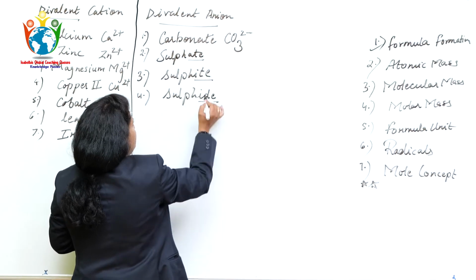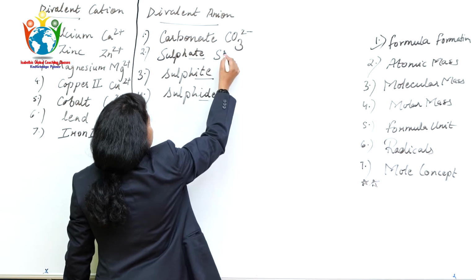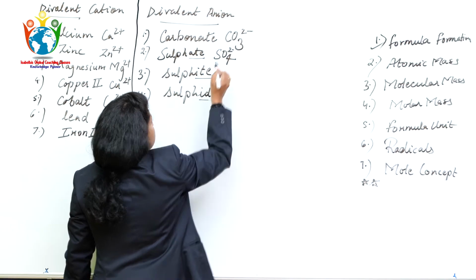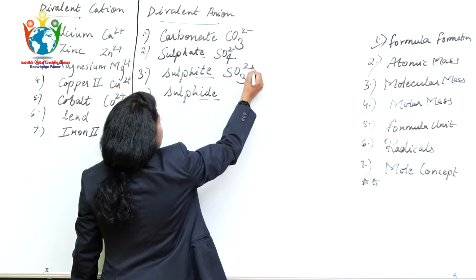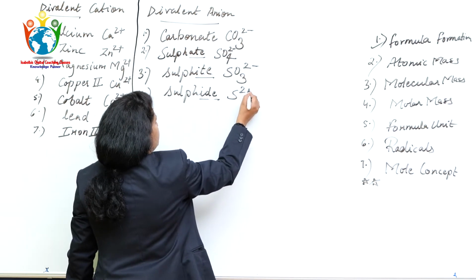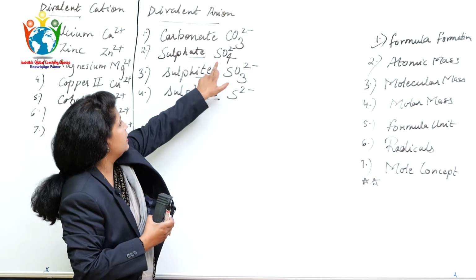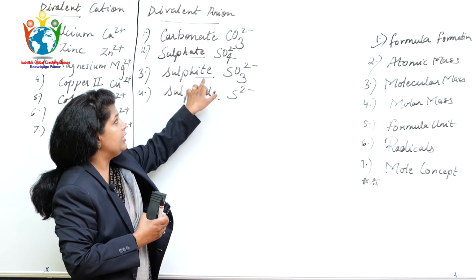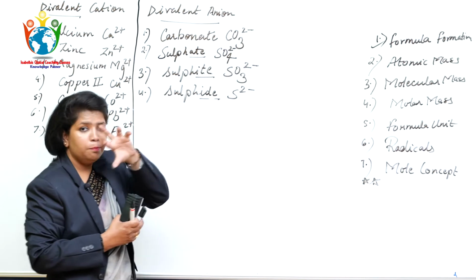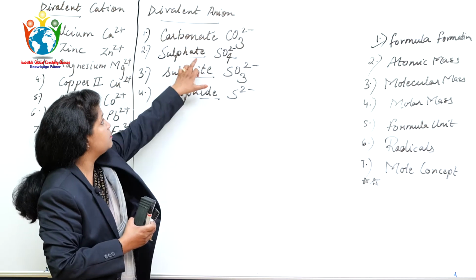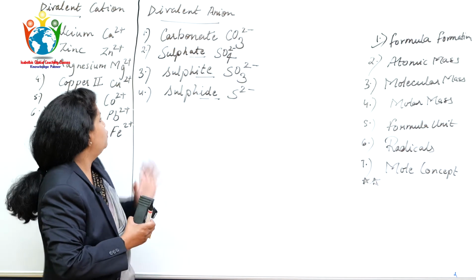ATE, ITE, IDE. So sulfate, ATE, is SO4 2 minus; sulfite, ITE, is SO3 2 minus; sulfide, IDE, is S2 minus. Be very specific in this, because these are very confusing things which come in the paper and you make mistakes.